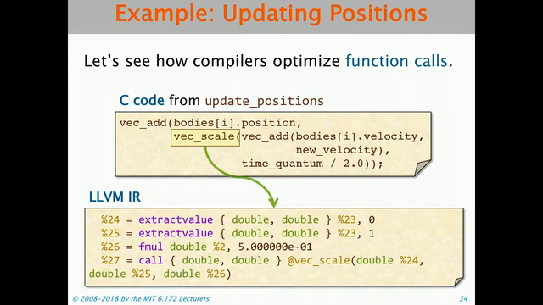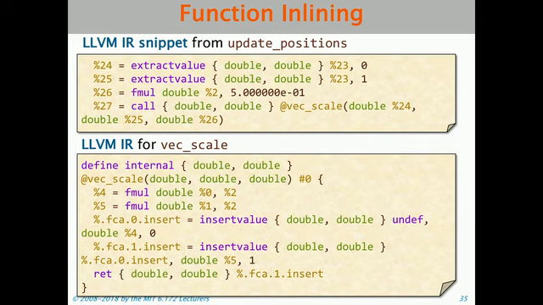So how do we go about optimizing this? Any ideas? To give a little bit of a hint, what the compiler sees when it looks at that call is the snippet containing the call instruction, and in our example, it also sees the code for the vec scale function that we were just looking at. We're going to suppose that it's already optimized vec scale as best as it can.